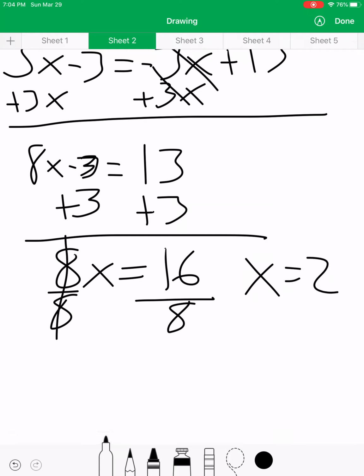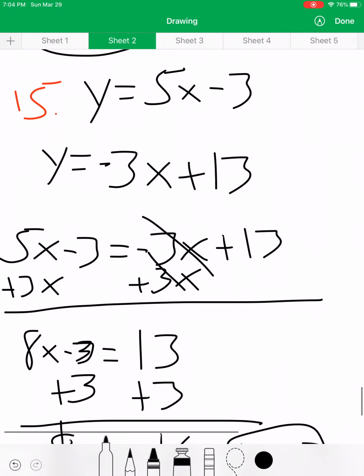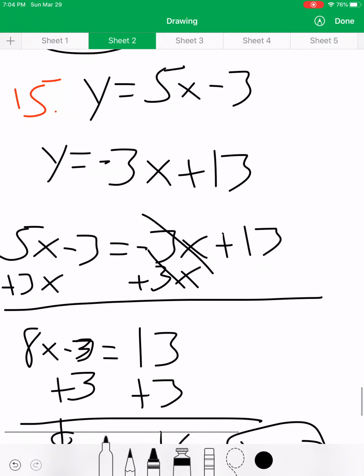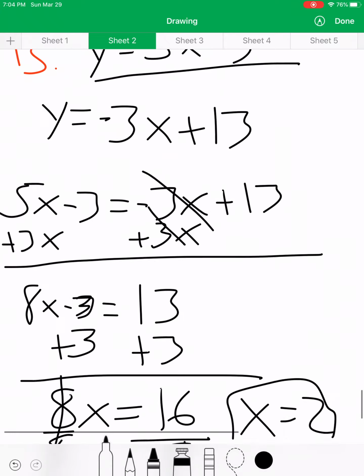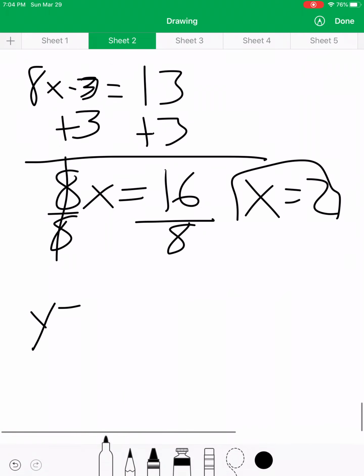Now that you know what x is, you take that 2 and you plug it in for either equation. So let's go back and see which equation looks easier. I would probably say this first equation looks easier. y equals 5x minus 3. Good.